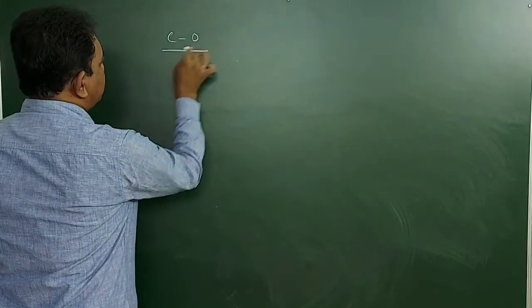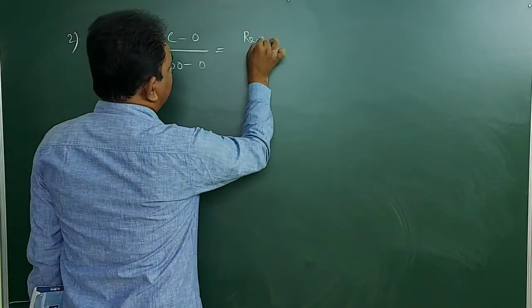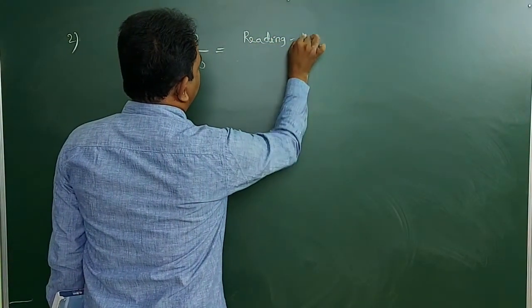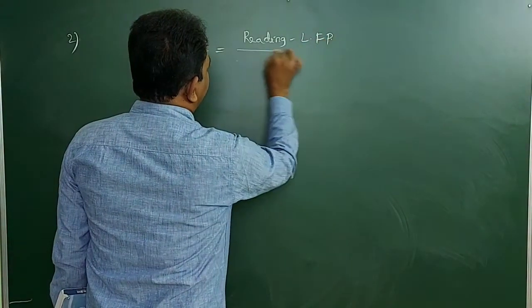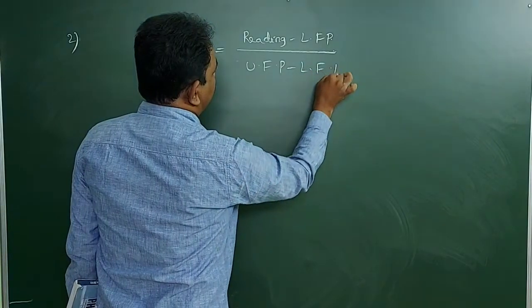(C minus 0) by (100 minus 0) is equal to (reading minus LFP) by (UFP minus LFP).